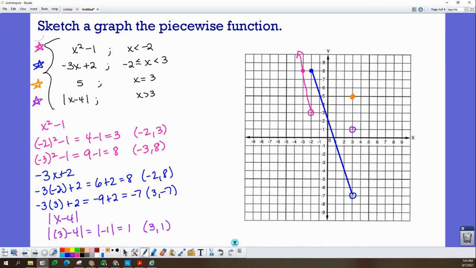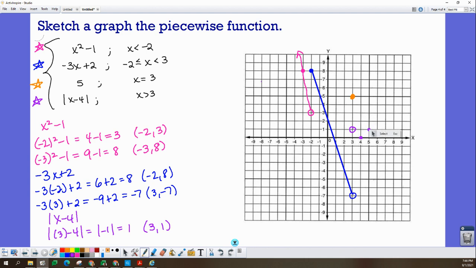For our absolute value, because the graph has a horizontal translation to the right 4 units and no vertical translation, we know that the vertex is going to be at (4, 0). And then the right half of the V shape of our absolute value graph is going to come up like so.